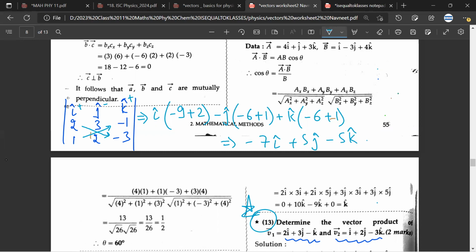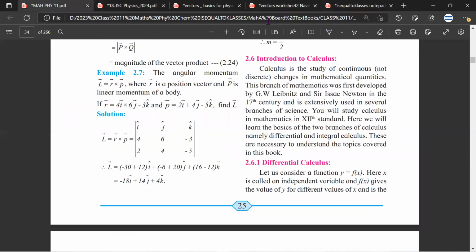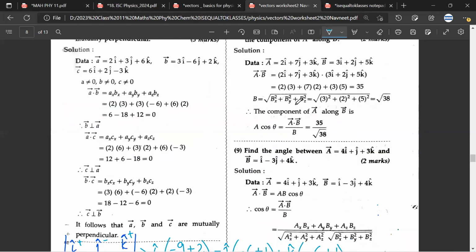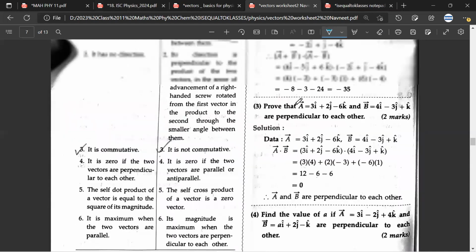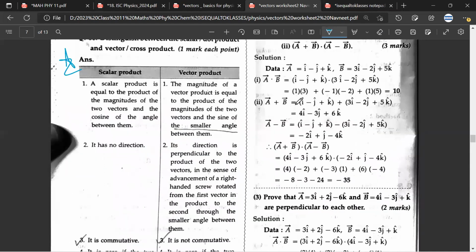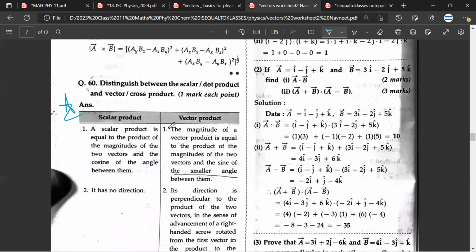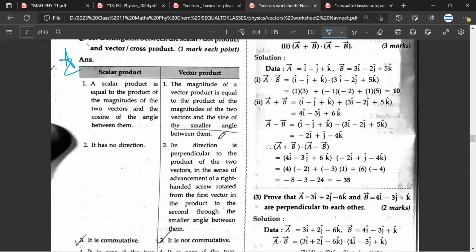Now, this is what I was trying to tell you in the beginning, how the scalar and the vector product differ from each other. Though it is not asked in the exams, I'll try to tell you the difference between scalar and vector product. Scalar product is the product of the magnitude of the vectors and the cosine of the angle.